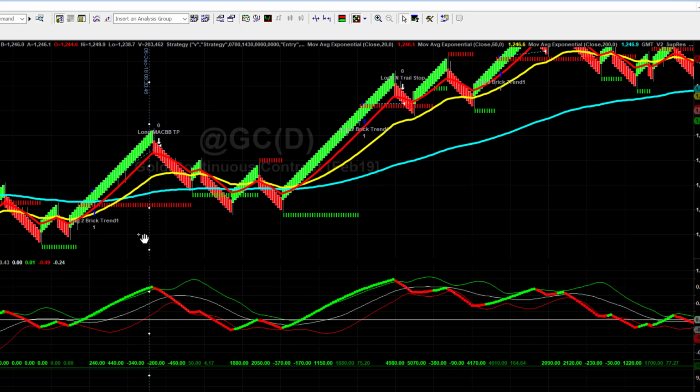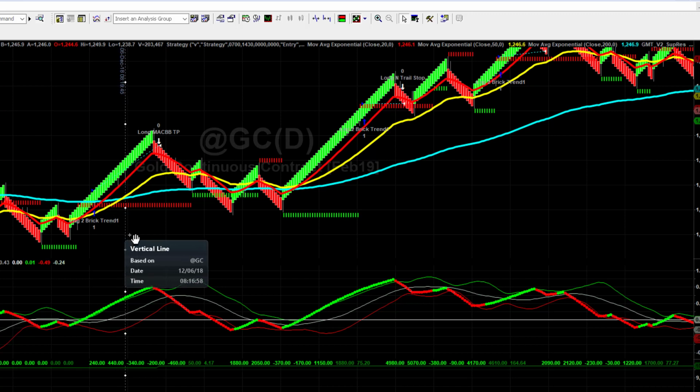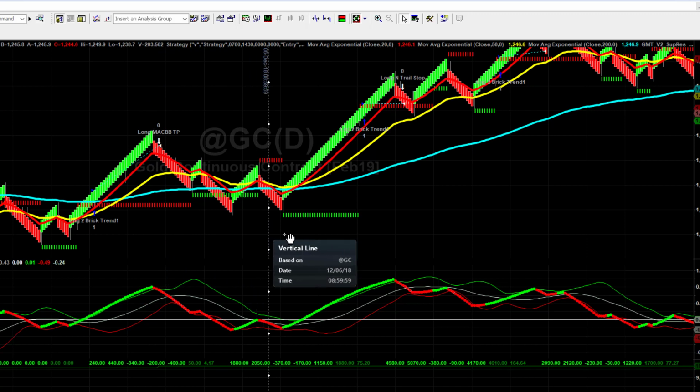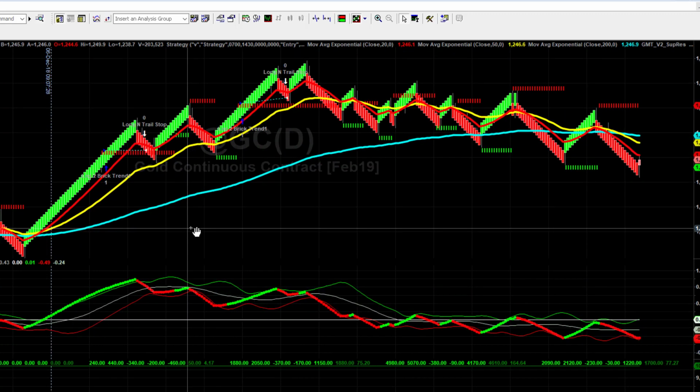It'll show you the initial trend move that crosses the 200, the 50, and the 20. So that's the initial long, and then it pulls back, and then there's the second cross with a nice little support there, and then that's a nice rally up.